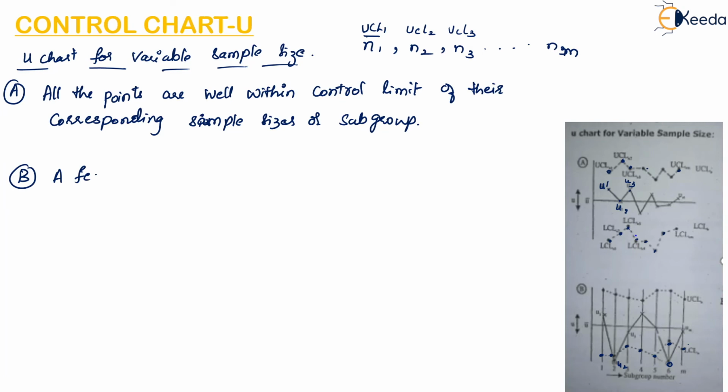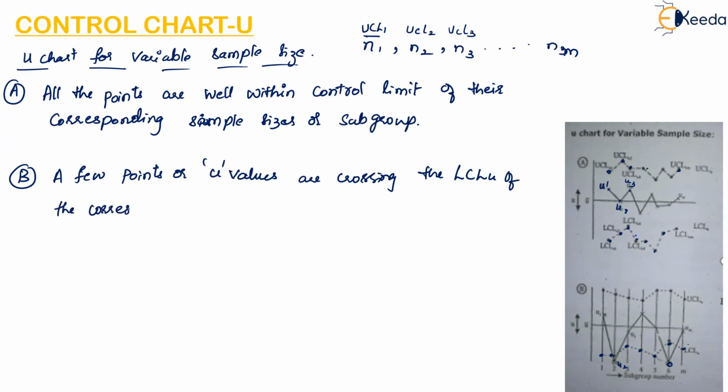So a few points or U values are crossing the lower control limit of the corresponding subgroup or sample size.